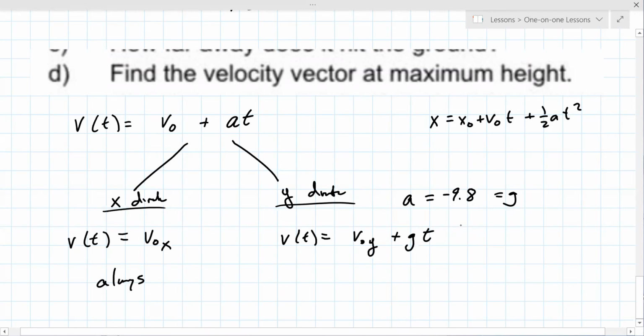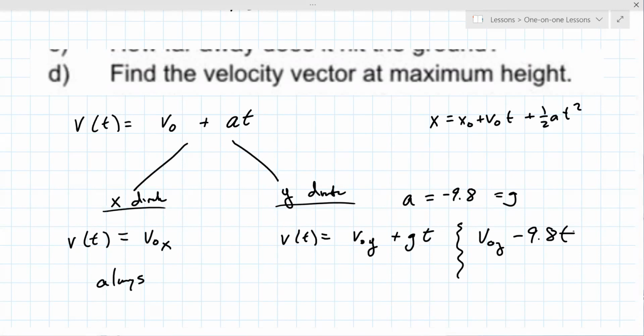So sometimes it's written v0y minus 9.8t, and that's fine too. Okay, is that okay? Do you understand that which equation you use depends on which direction you're going?